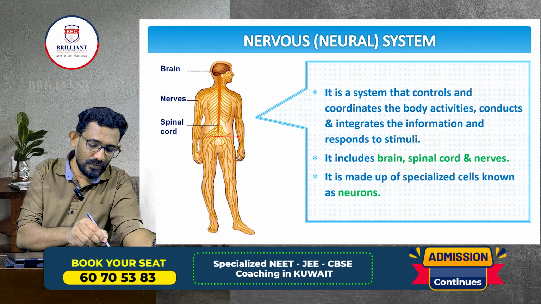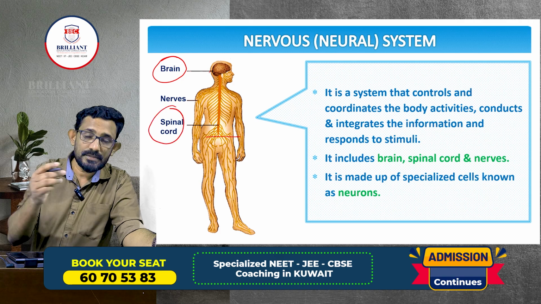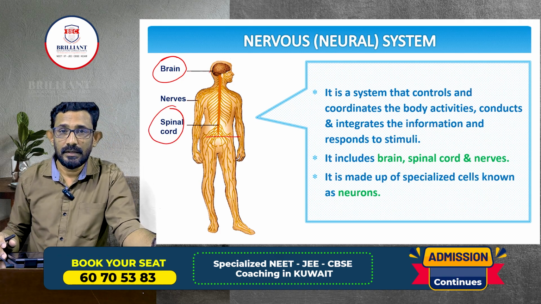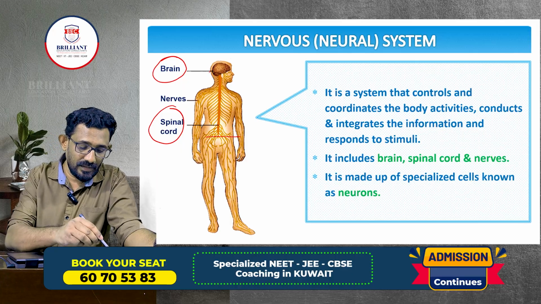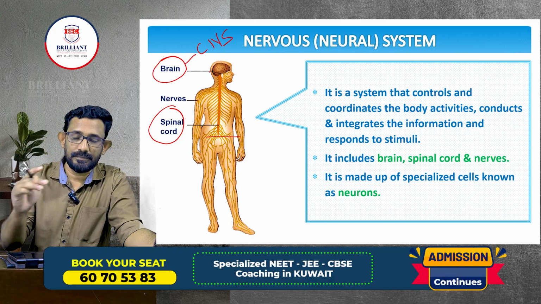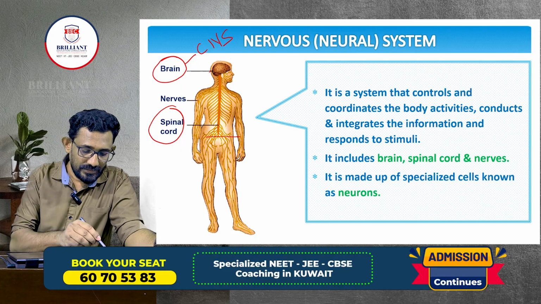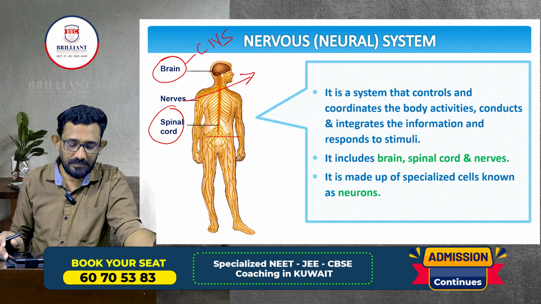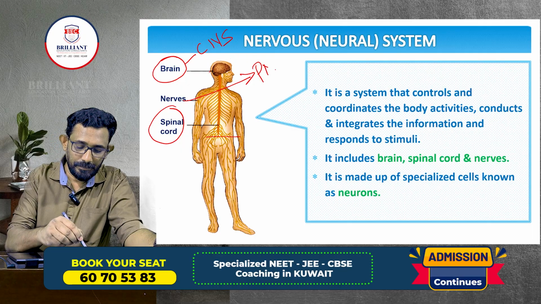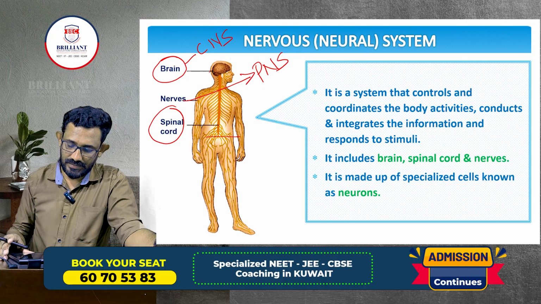Central nervous system includes brain and spinal cord. Remember that brain and spinal cord together are known as central nervous system, while the nerves associated with the central nervous system are known as peripheral nervous system.